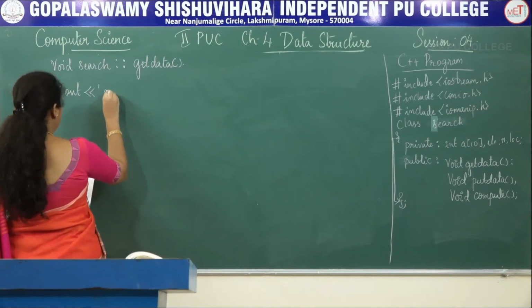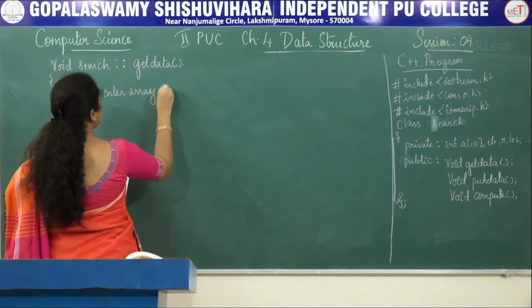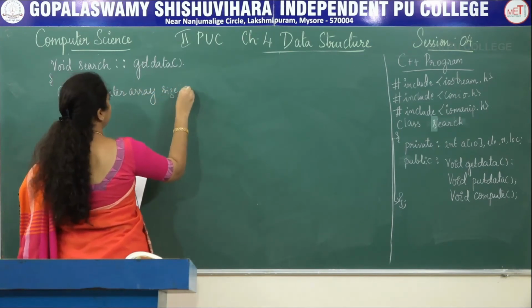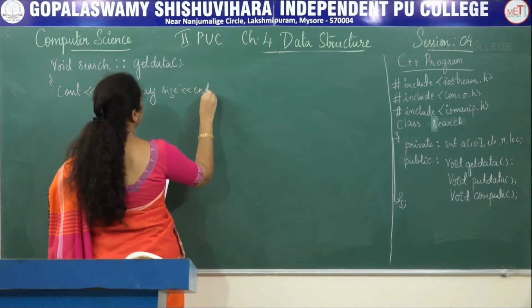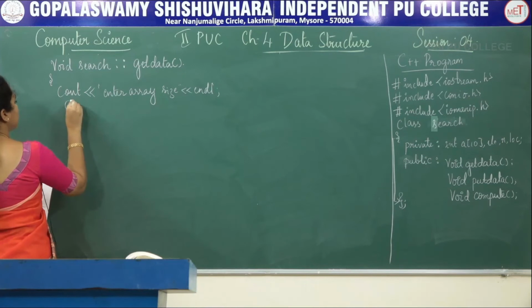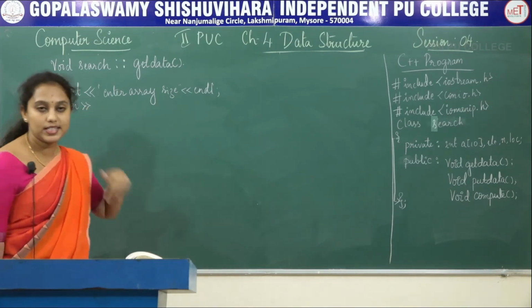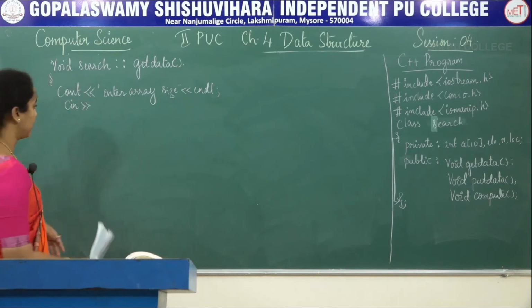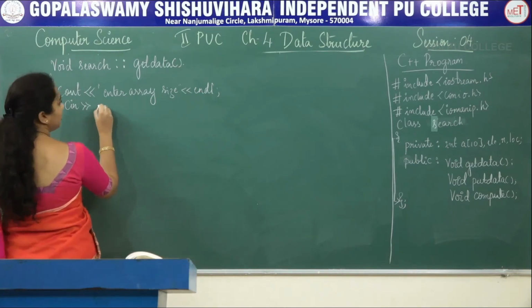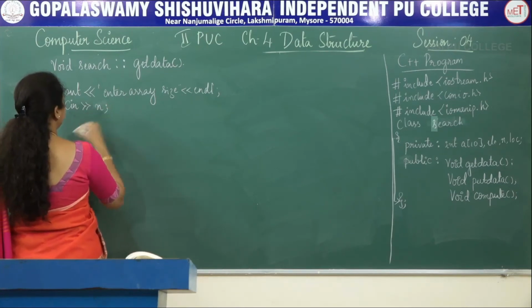Cout enter array size. Cin is used to accept the value from the user. Cin n.